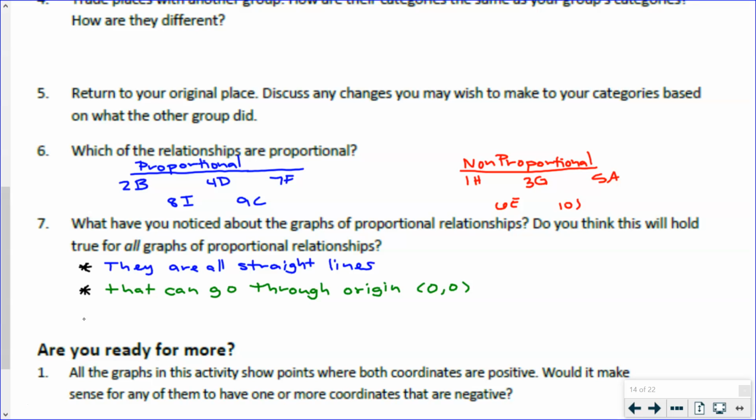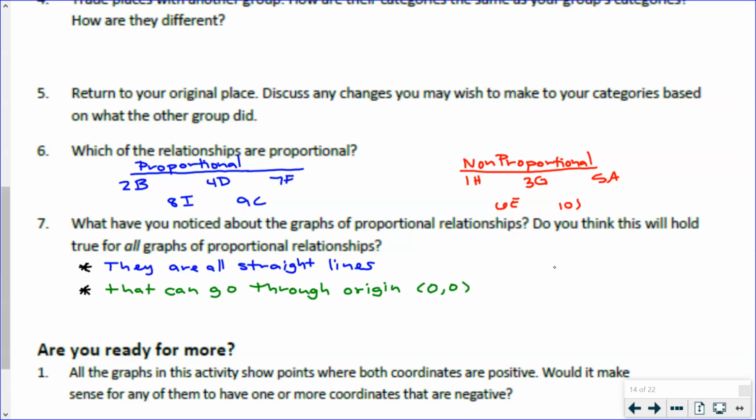Is it going to hold true for all proportions? Jackson, why? Because why?